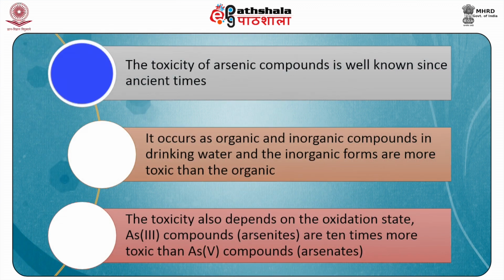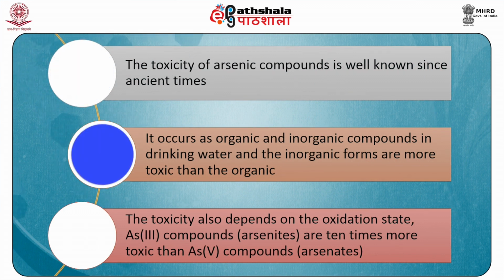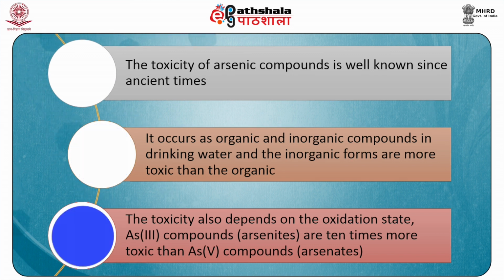The toxicity of arsenic compounds is well known since ancient times. Arsenic occurs as organic and inorganic compounds in drinking water, and the inorganic forms are more toxic than the organic ones. The toxicity also depends on the oxidation state.